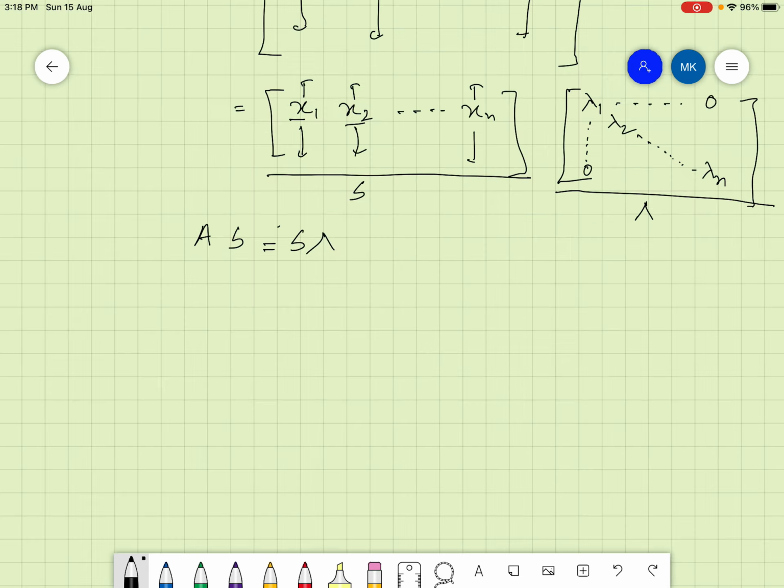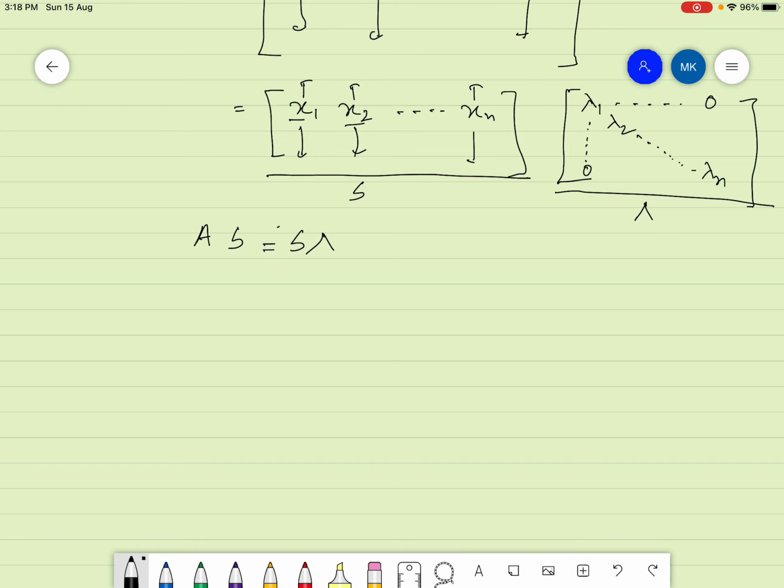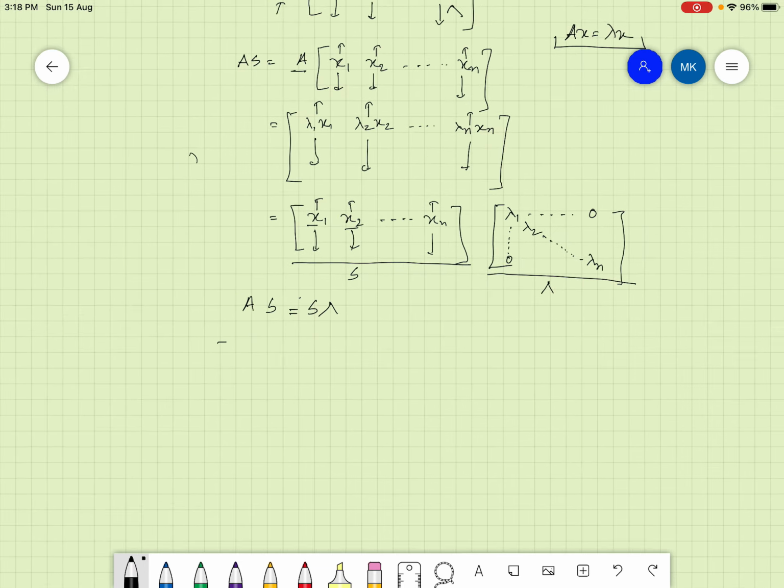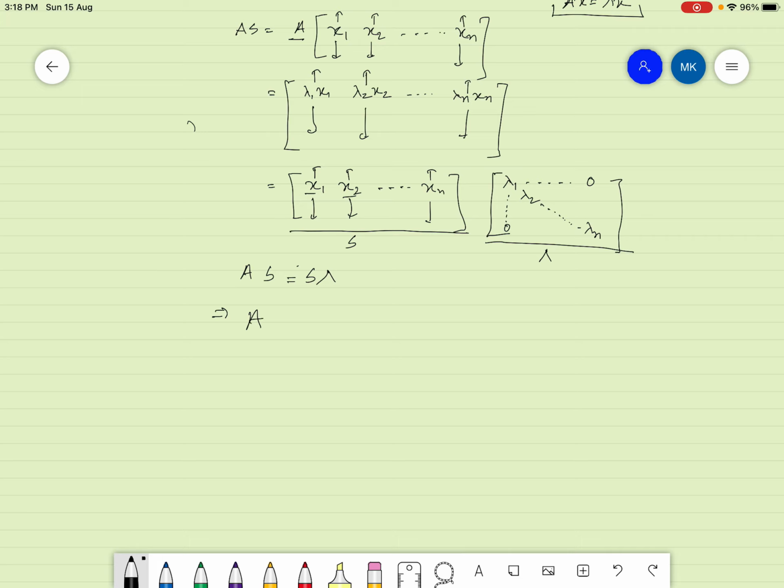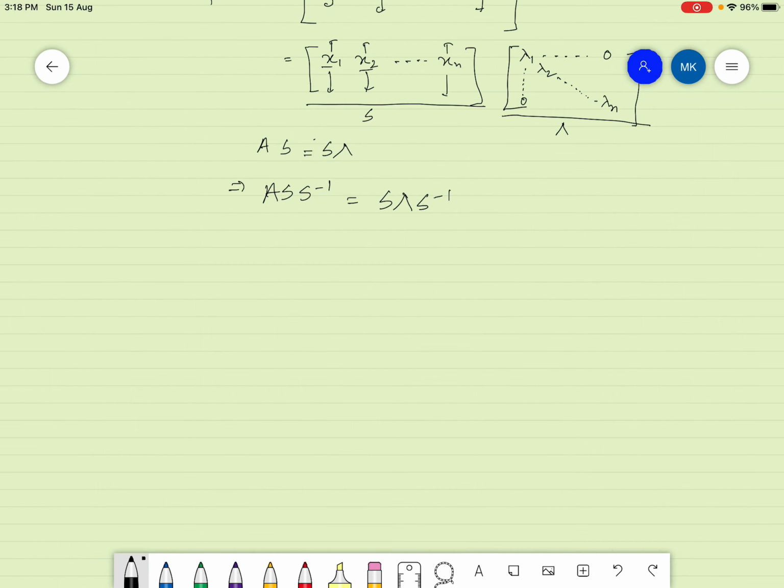So if we multiply S lambda by S inverse, then we have A equals S lambda S inverse. Of course S has to be invertible in this case.